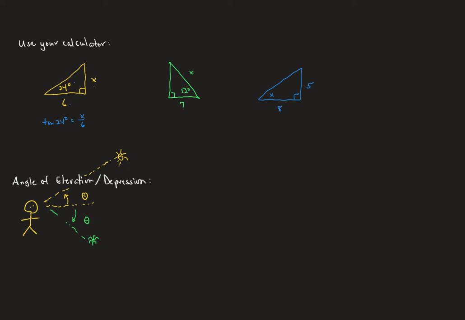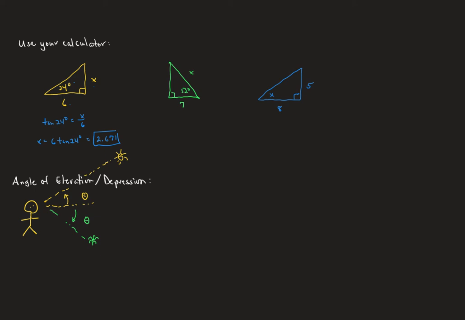So if we multiply that 6 to the other side, then in our calculator, we go 6 times the tangent of 24. If you're in degree mode, what I'm getting to 3 decimal places is 2.671. Hope you're getting the same thing.